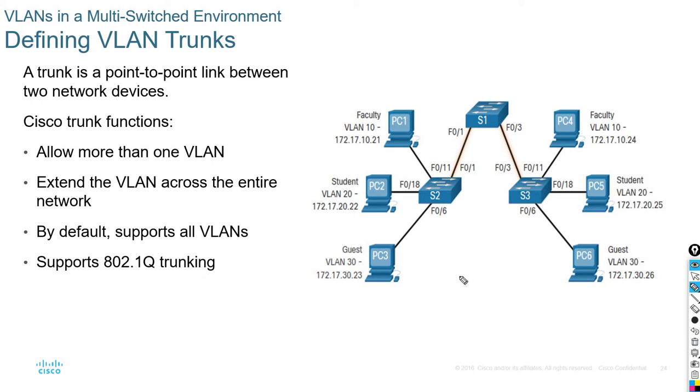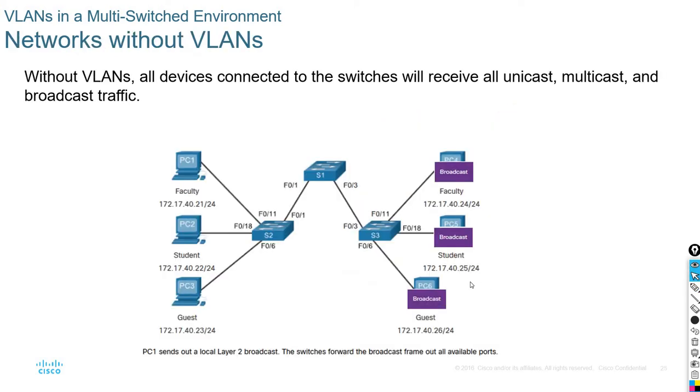VLAN identification also we have. Networks without VLANs, you can see an example. Without VLANs, all devices connected to the switches will receive all unicast, multicast, as well as broadcast traffic.